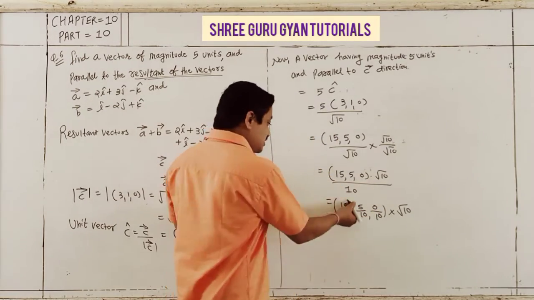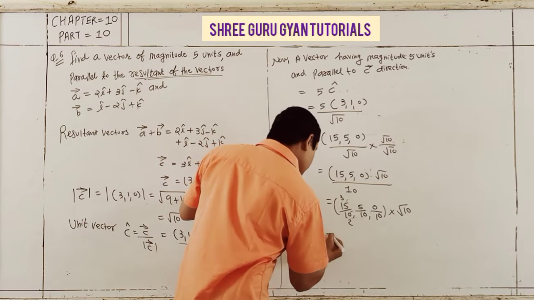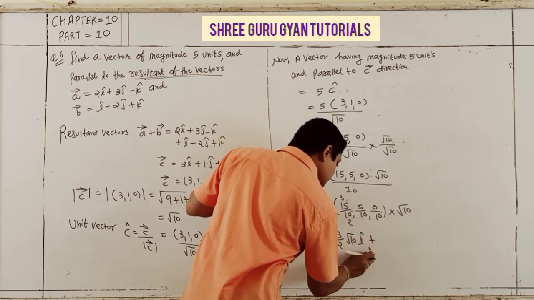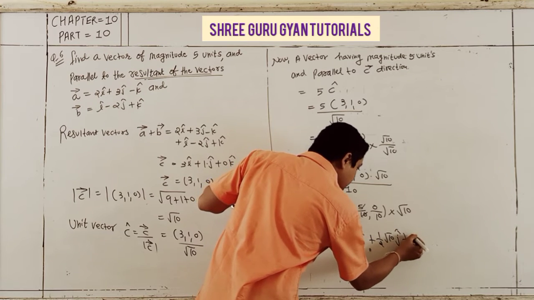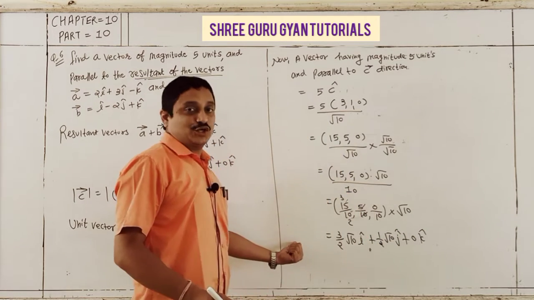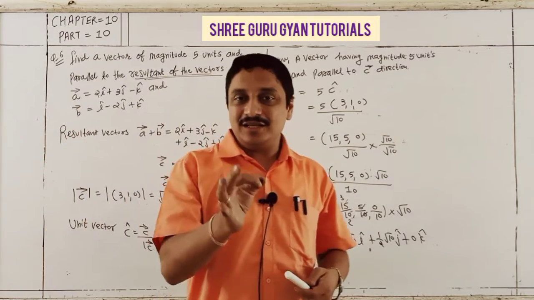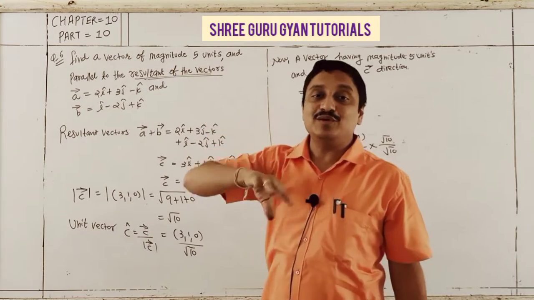So your answer is 3 by 2 root 10 i plus half root 10 j plus 0. That is the simple way. Your required vector is parallel to the direction of the resultant vector having magnitude 5 units.